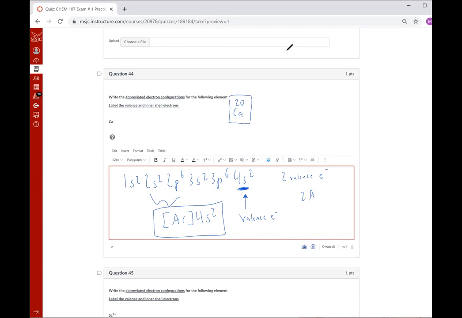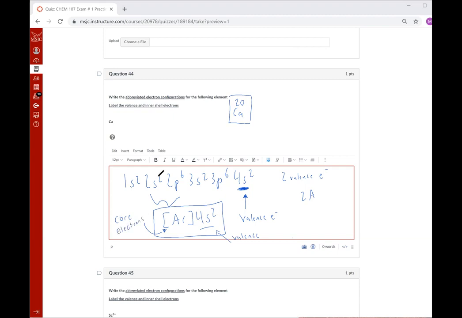So we need to write those 1s, 2s, 2p. Not for the answer, I'm just showing the longhand configuration before abbreviation. You said you need to label the valence and the inner shell electrons. Yep. So the 4s2, those are our valence electrons, while all of the electrons denoted by our noble gas are considered our core electrons.